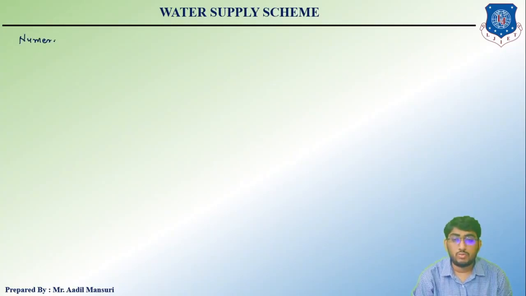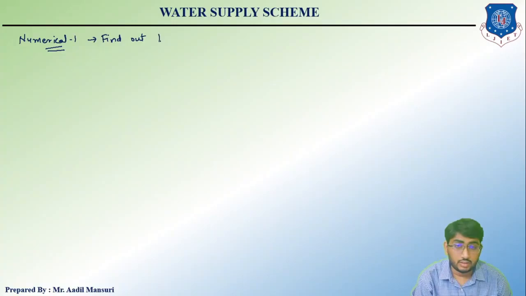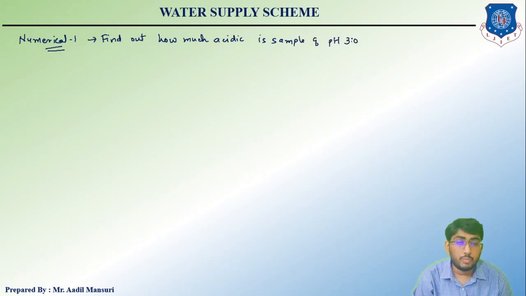The first numerical for today is: find out how much acidic a sample of pH 3.0 is compared to a sample of pH 6.0.